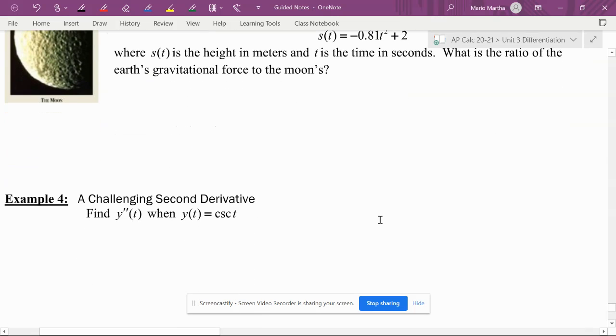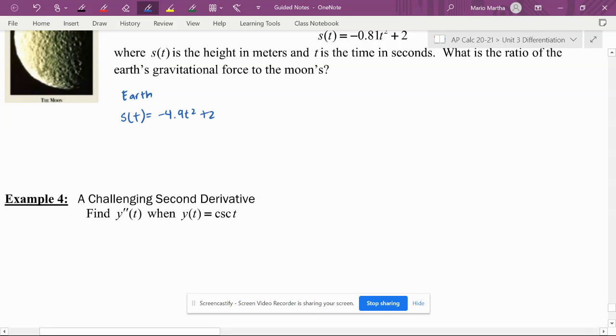All right. So for this, we pretty much want to know what's going on, right? So the Earth's gravitational force is, as we know from before, negative 9.8 meters per second squared, right? That's Earth's gravity. So on Earth, the object would be falling by S of t equals negative 4.9 t squared plus 2.